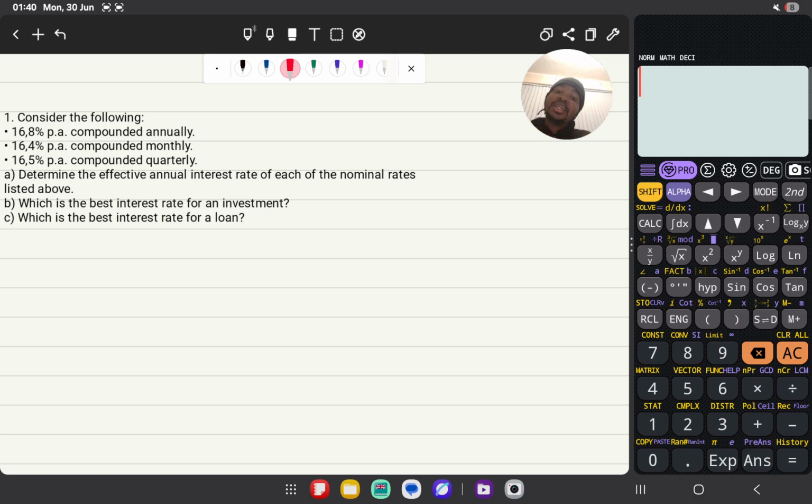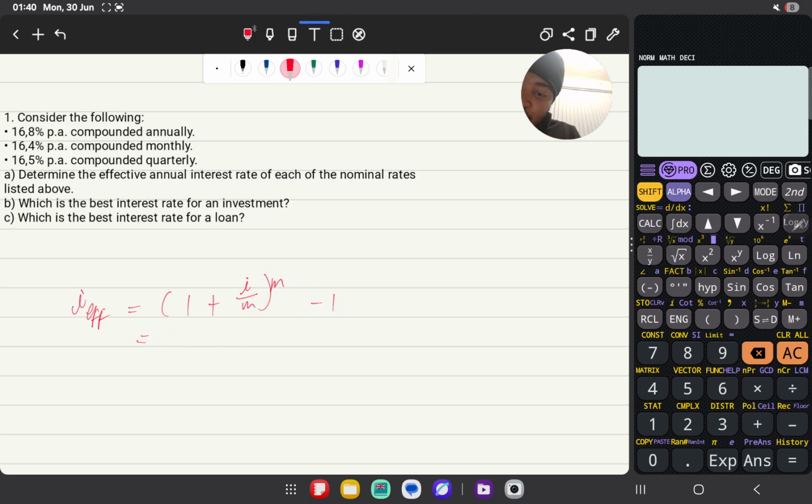Just like I said, remember these are nominal. If you go back a couple of minutes, you'll see the formula we just derived says that the effective interest rate equals 1 plus i nominal divided by m, to the power of m, minus 1.